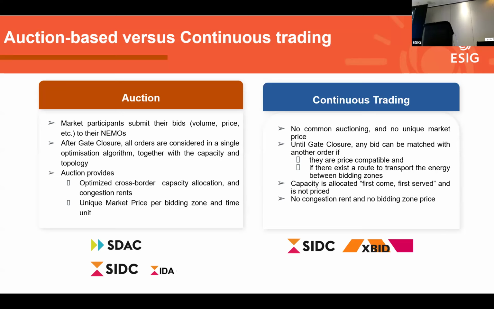It's just first in, first accepted. So there is no unique price per bidding zone and per market time unit. It's really depending on the contracts between the two market participants. And there you also don't price capacity between different regions, because for continuous trading, we also allow trading between different countries, but there you don't price flow capacity. While when there is an auction, you price the flow capacity through congestion rent.